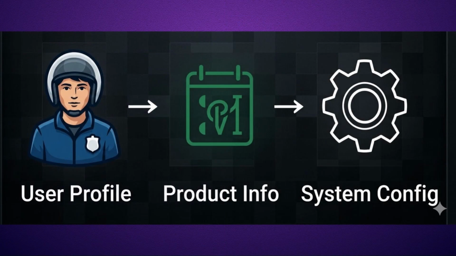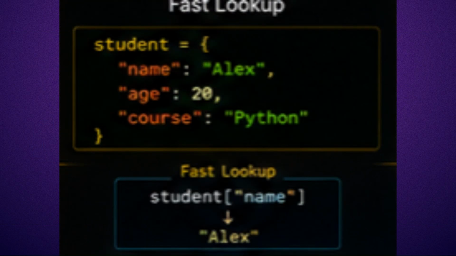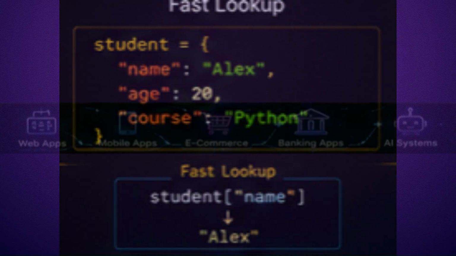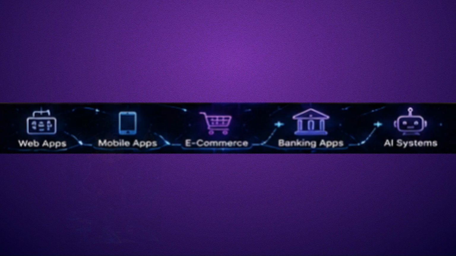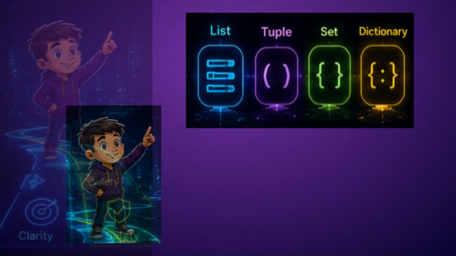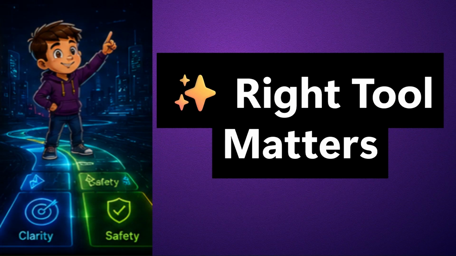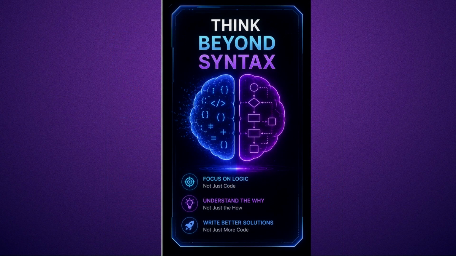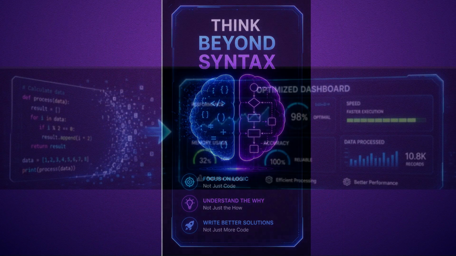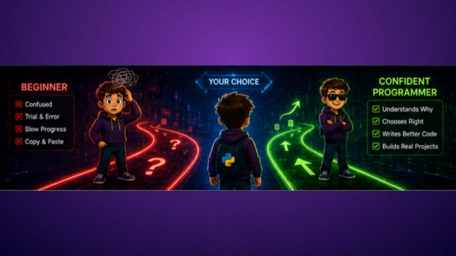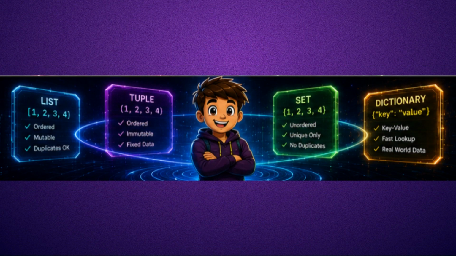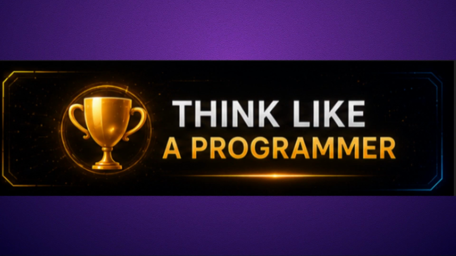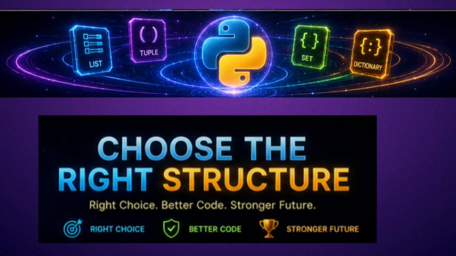It is used when data needs labels, and real world entities are modeled. Choosing the right data structure is not about syntax. It's about clarity, safety, and performance. That's what separates beginners from confident programmers.